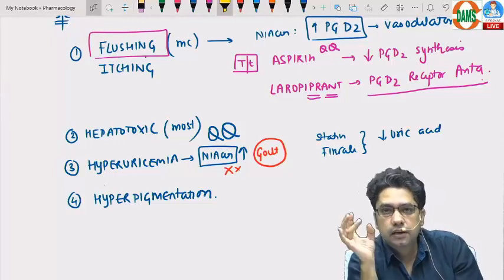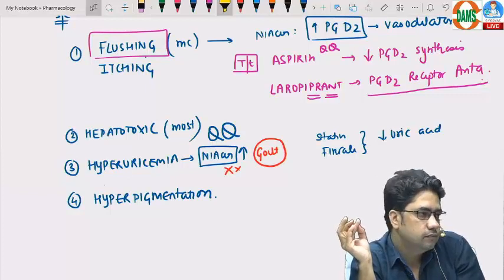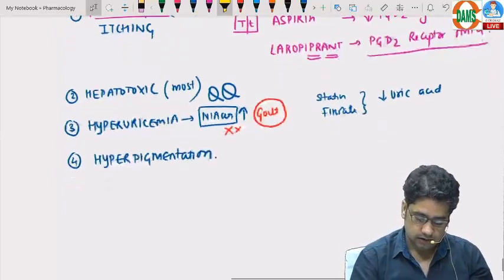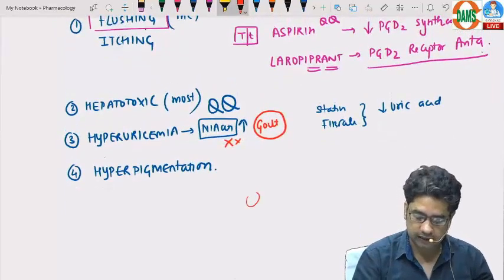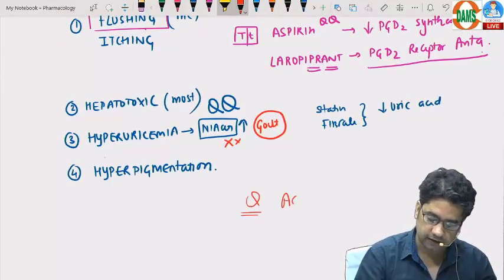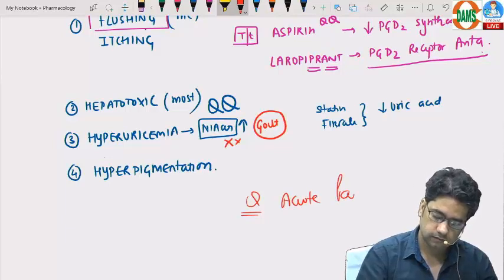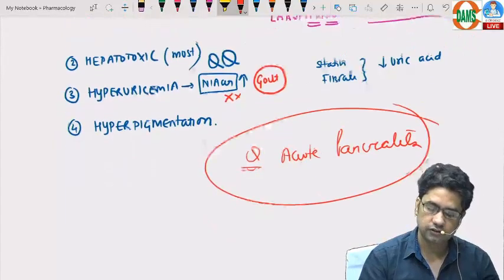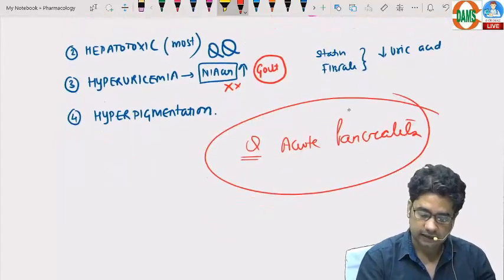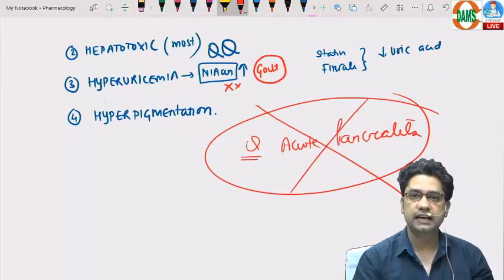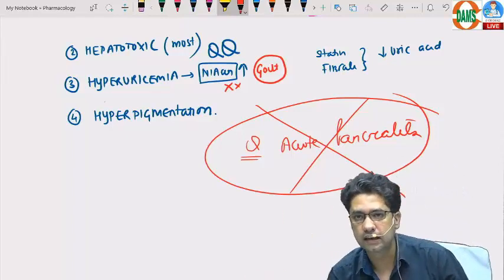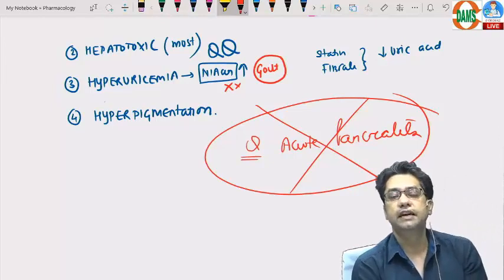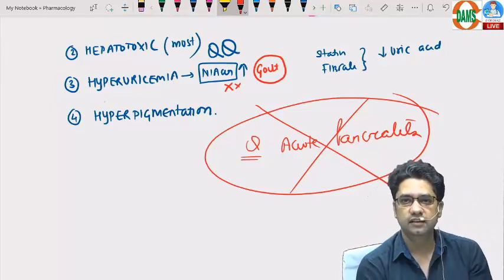Options are hepatotoxicity, hyperpigmentation, hyperuricemia, and the fourth option in NEET was acute pancreatitis. Tell me why acute pancreatitis is not a side effect of niacin.